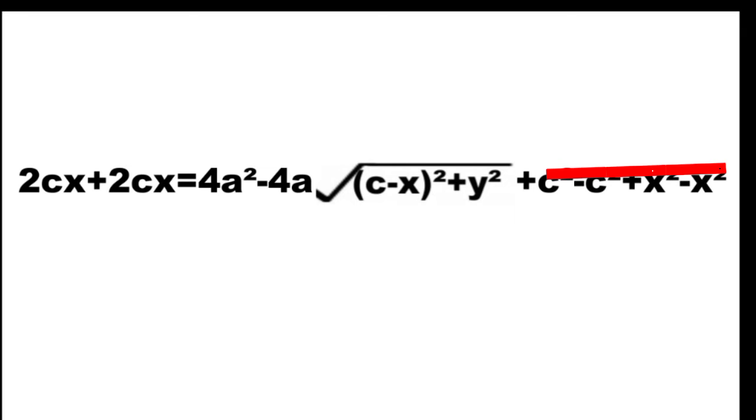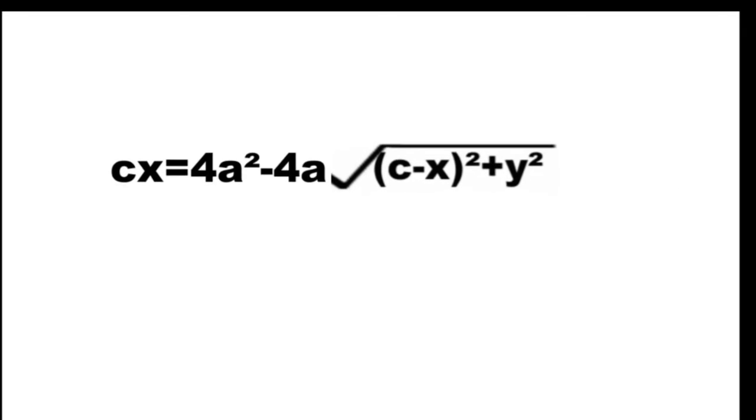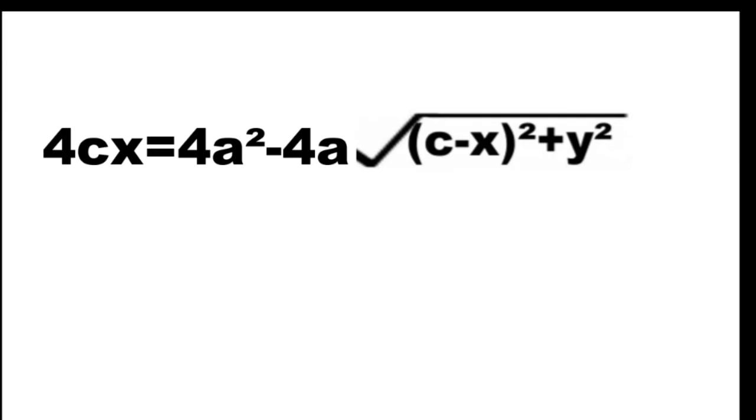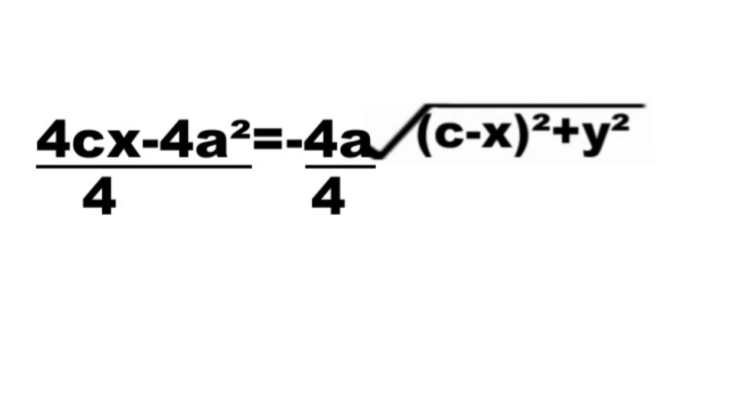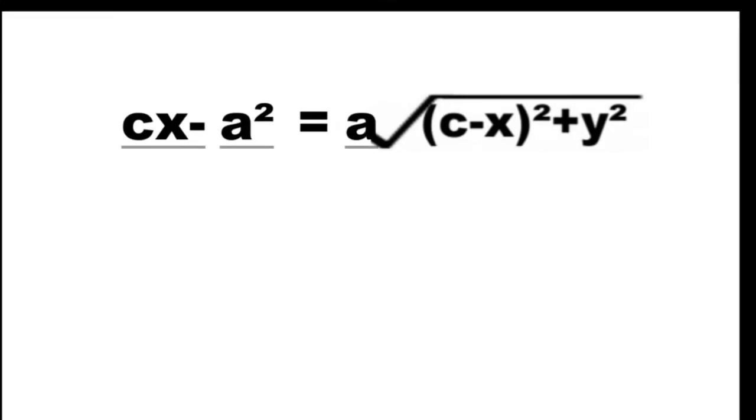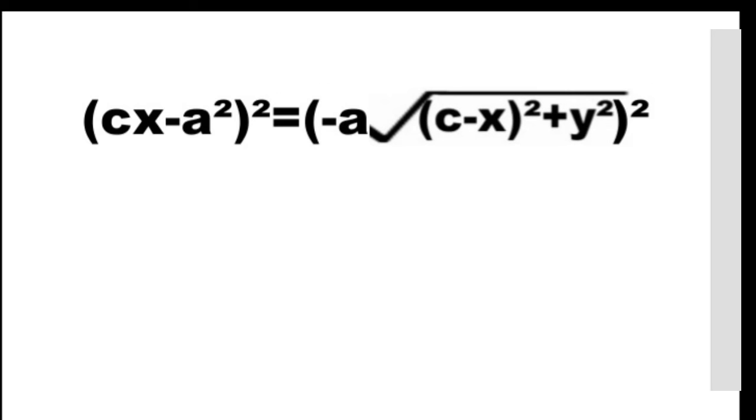So 4cx equals 4a squared minus 4a times the square root of quantity c minus x squared plus y squared. Transpose 4a squared to the left, and divide both sides by 4. So cx minus a squared equals a times the square root of quantity c minus x squared plus y squared, and square both sides of the equation.